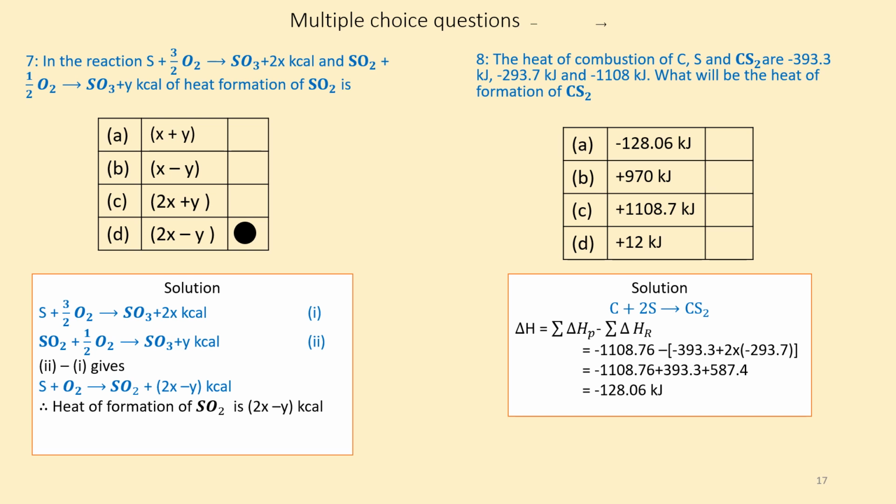So the values are given: 1108.76 minus (393.3 plus 2 into 293.7), that is equal to 1108.76 plus 393.3 plus 587.4. Simplifying, we get the answer as minus 128.06 kilojoules. So this is given as option A. Please mark it.